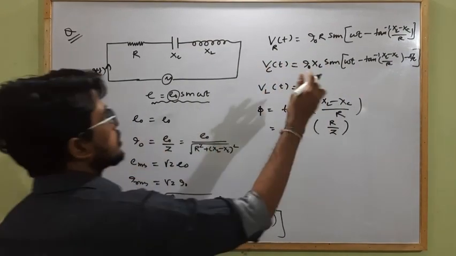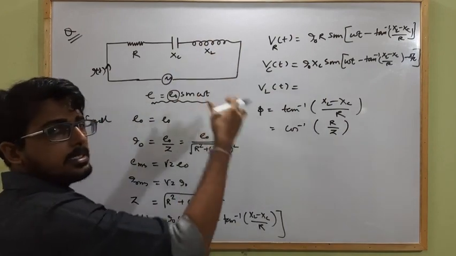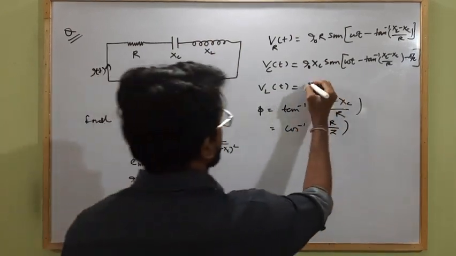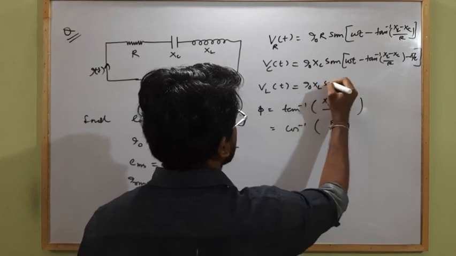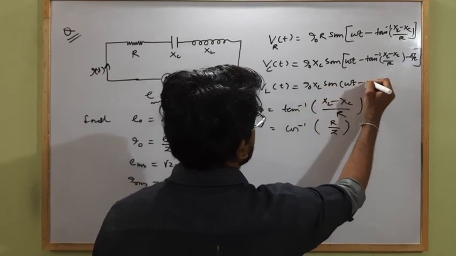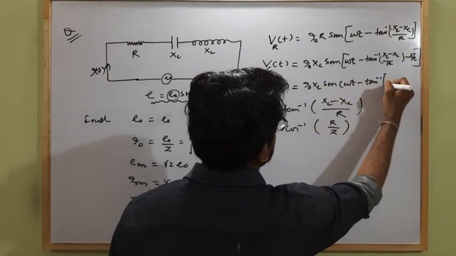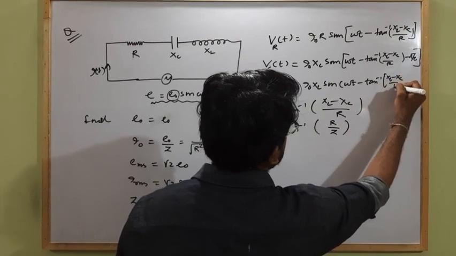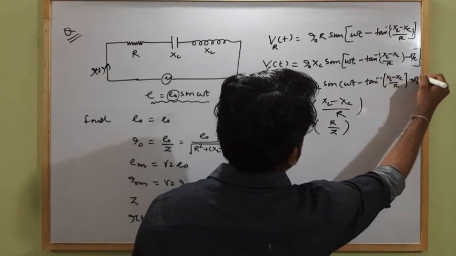Same as that of the inductive circuit, the EMF leads the current by pi by 2 radian. So it will be I naught into XL sin omega t minus tan inverse of XL minus XC by R plus pi by 2.